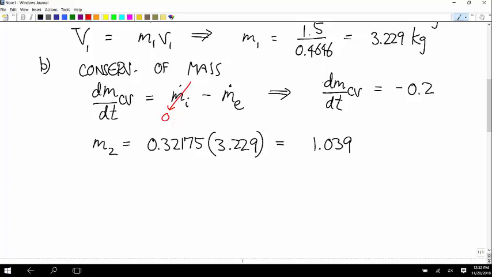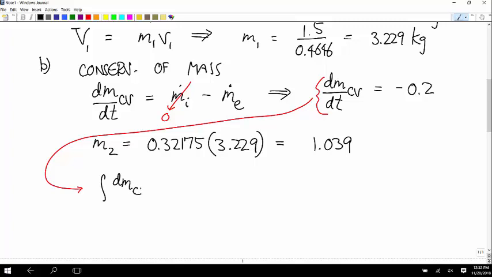And so if you take this differential equation, you can integrate both sides, and the integral of, let's say, dm_cv is equal to the integral of negative 0.2 dt.